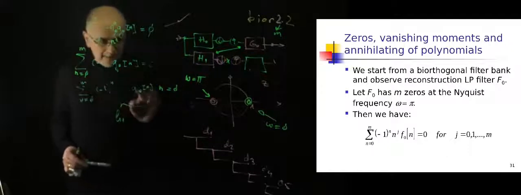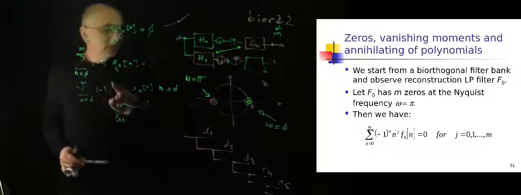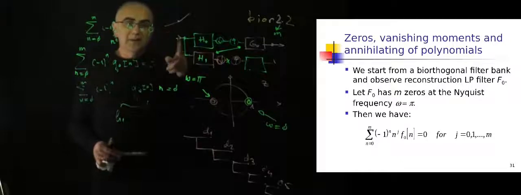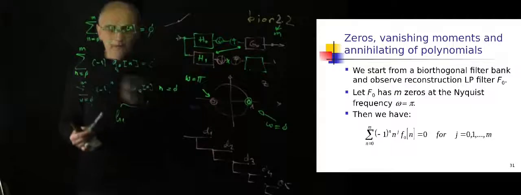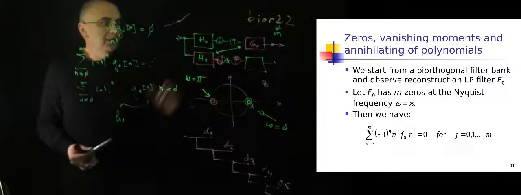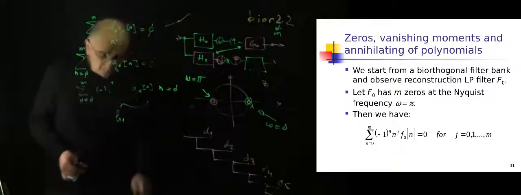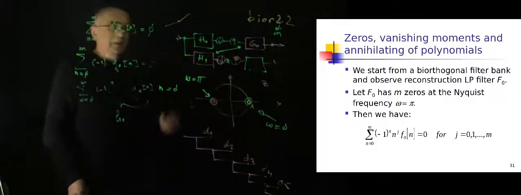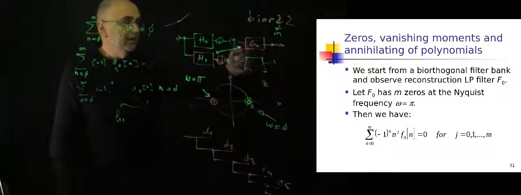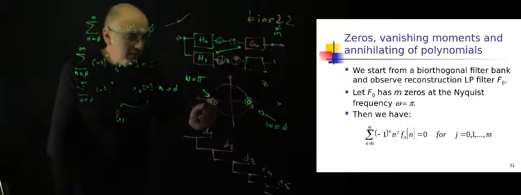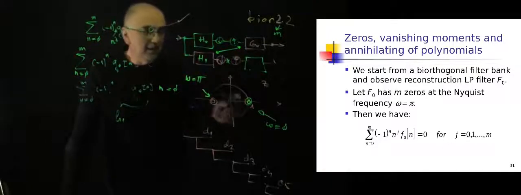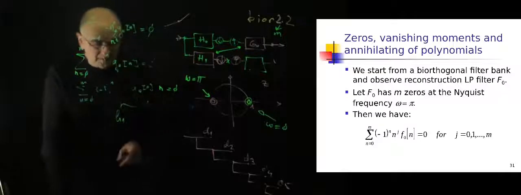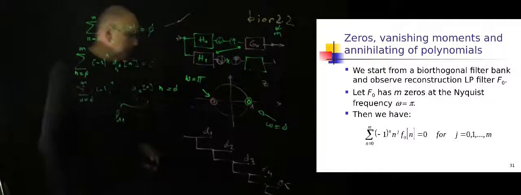So multiplying by (-1) to the power of n means to reverse the sign of every second sample of the impulse response, and that was the secret connection between the two. That was the reason why it is important for this filter to have zeros at the Nyquist frequency, because it produces zeros at the DC frequency for the H1 filter, which we can see right here.